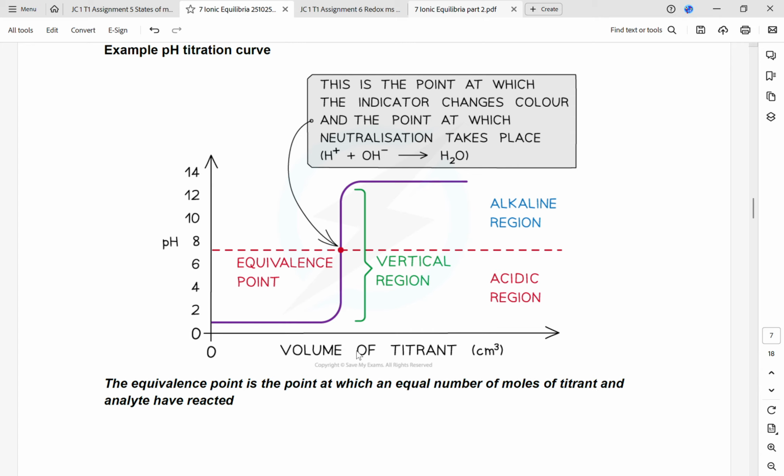This is important for two reasons. If you have the curve, you can predict at what volume the acid is completely neutralized. Because if you do only titration and you do not plot this pH titration curve, you always overshoot. For example, methyl orange.